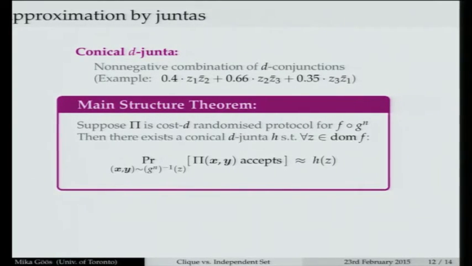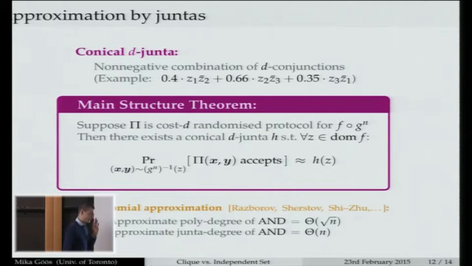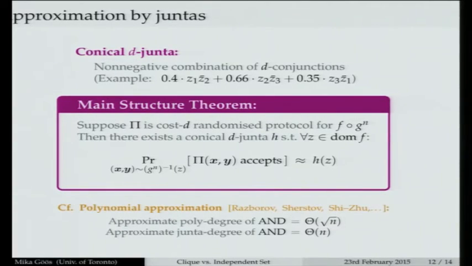Now, theorems like this have been proved previously, and I should mention it's a very long line of work that does this for polynomials, so when h is a polynomial. Starting with Razborov, then works by Sherstov's pattern matrix method, and the polynomial approximation method of Zhu, and so forth. But polynomials are a kind of powerful model of computation.